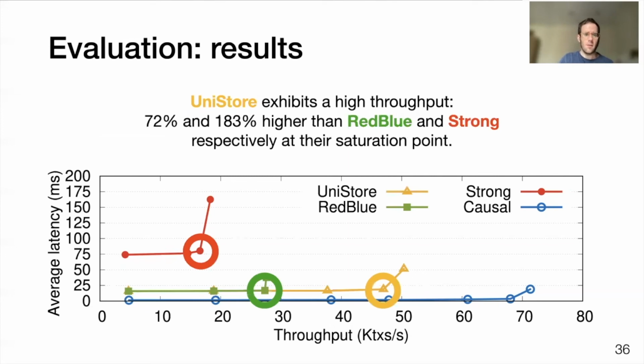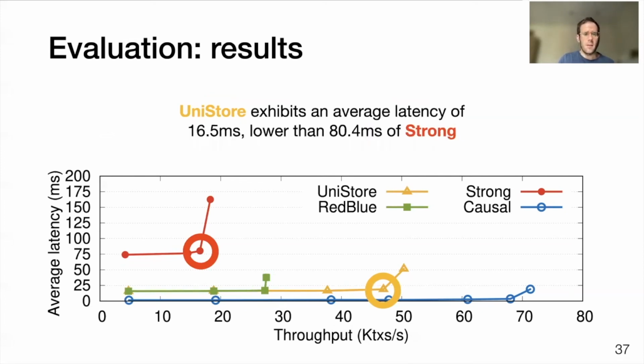As we can see, UniStore exhibits a high throughput at their saturation point, which is 72% and 183% higher than RedBlue and Strong, respectively. Regarding latency, UniStore exhibits an average latency of 16.5 milliseconds, lower than the 80.4 milliseconds of Strong.